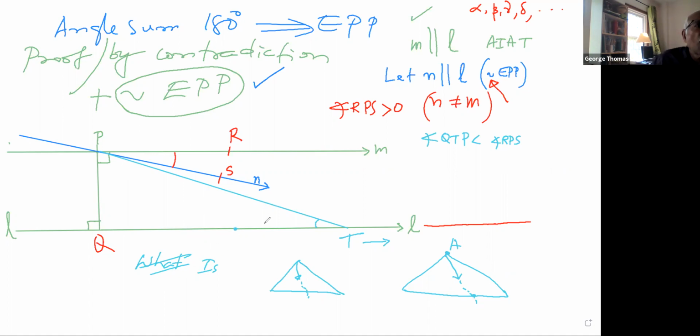But N cannot hit this line. Why? We are assuming N is parallel to L. Agreed? N is not inside PQT.